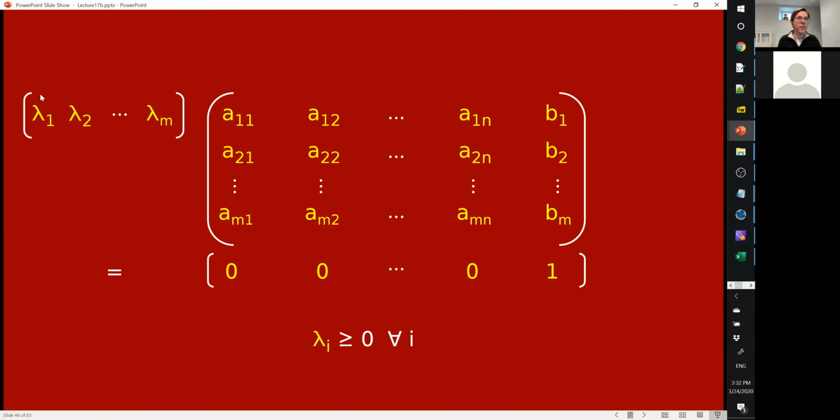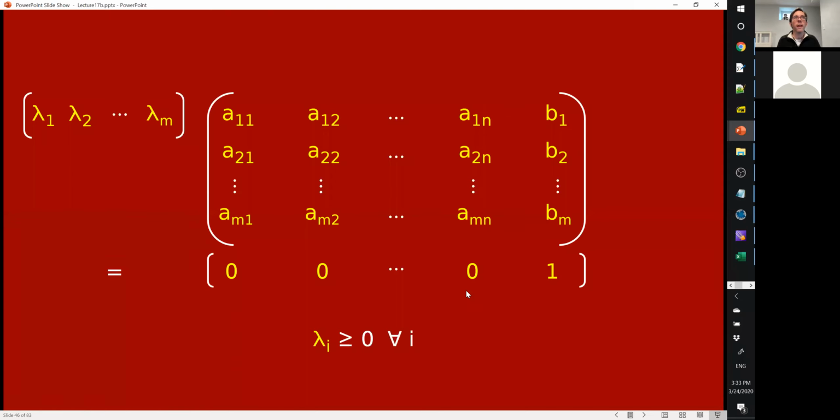And that's encoded by this vector matrix multiplication. That first constraint is saying that this row vector of lambdas times this column vector of a's equals 0. And we want a similar thing for all of the columns. We want the row vector of lambdas times the second column of a's to equal 0, and it should be true for all of the columns.